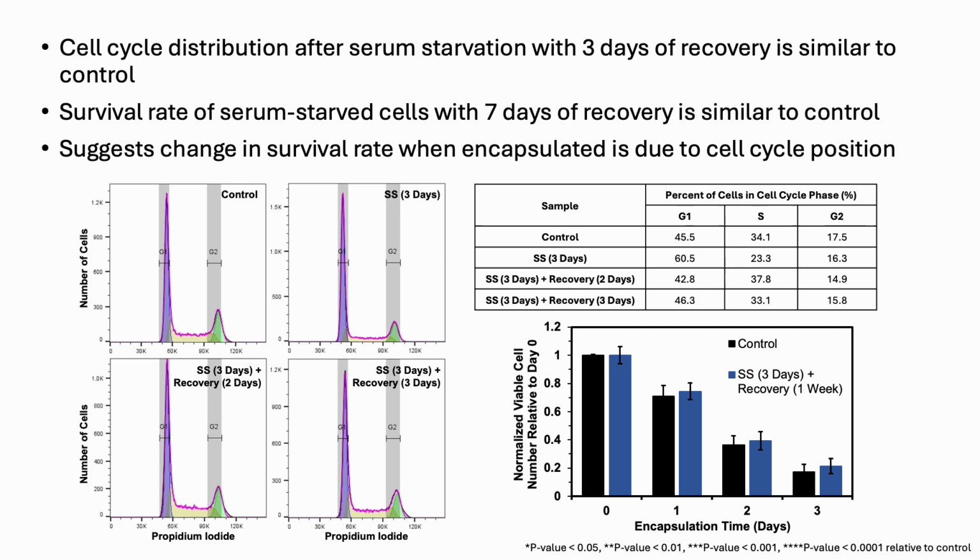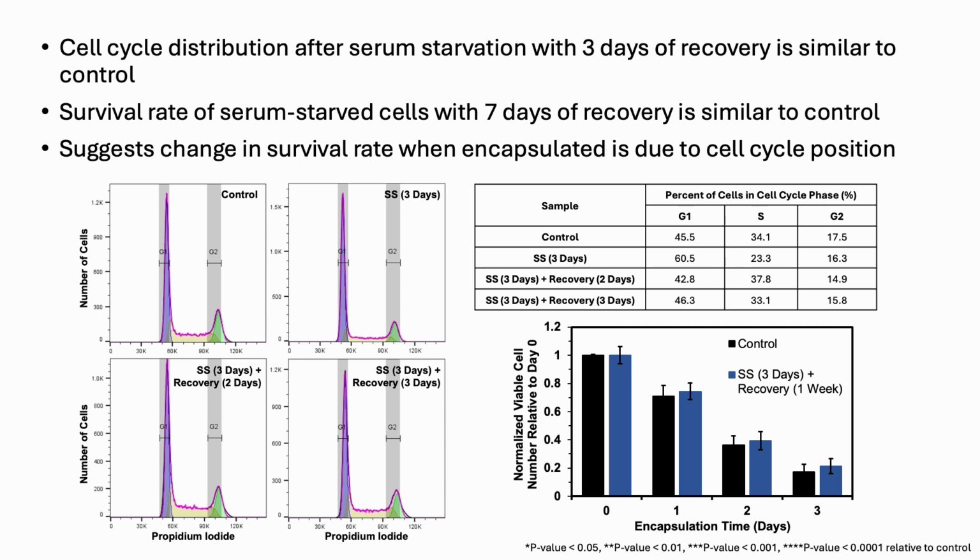As seen in the table and the 4th histogram, cells that were serum starved for 3 days and allowed 3 days of recovery have a similar cell cycle distribution to the control cells. Additionally, serum starved cells with 7 days of recovery show a similar survival in the silica gels to the control group.